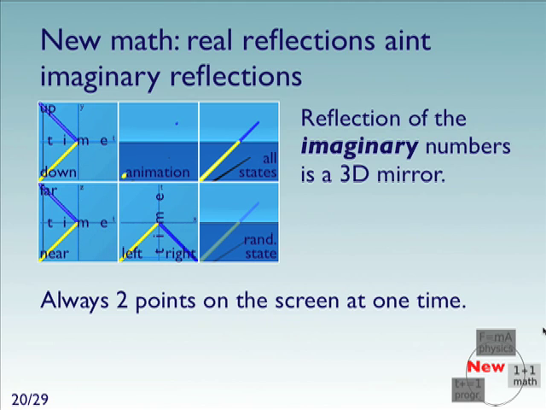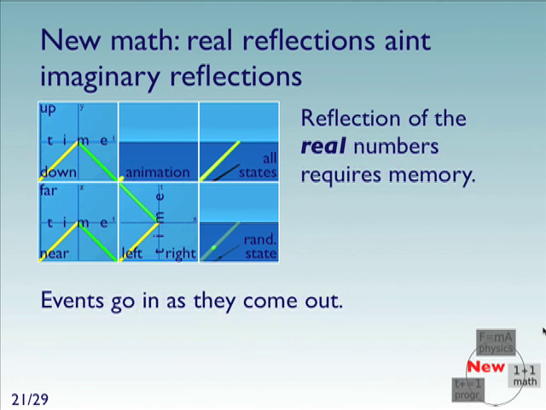What we messed up on is this one, the real numbers. The real numbers have this property that you have to remember what they just did. Okay, so here it's going up to 0, and now it goes back the way that it came in, and you have to remember all that kind of stuff.